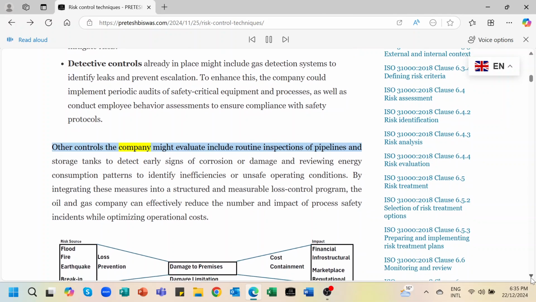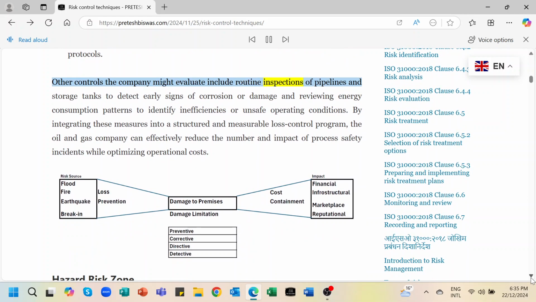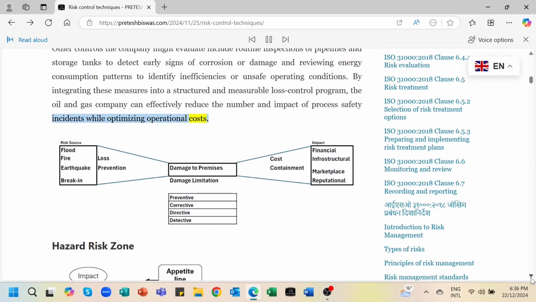Other controls the company might evaluate include routine inspections of pipelines and storage tanks to detect early signs of corrosion or damage, and reviewing energy consumption patterns to identify inefficiencies or unsafe operating conditions. By integrating these measures into a structured and measurable loss control program, the oil and gas company can effectively reduce the number and impact of process safety incidents while optimizing operational costs.